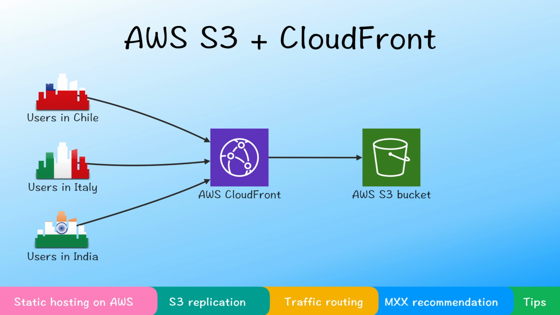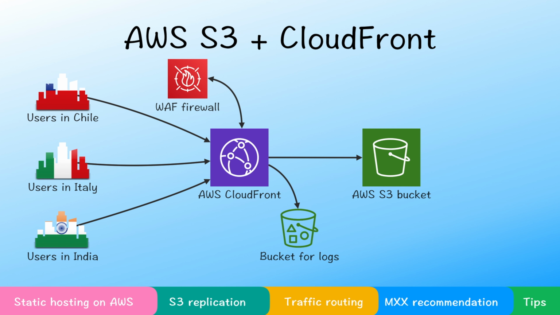Don't try to configure any complex stuff with multiple S3 buckets, because in most cases it's not gonna work. The only thing is that in case it's for production, don't forget to configure a bucket for access logs to be able to analyze in future who is coming to your website. And also the web application firewall is very handy if you need to block traffic to the website for certain users, for certain IP addresses, etc.